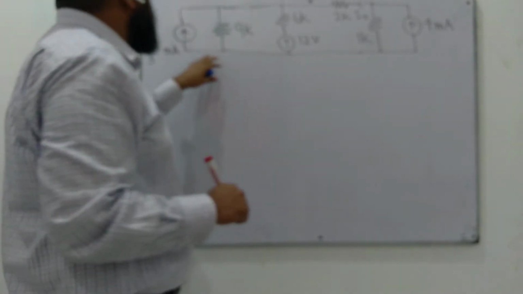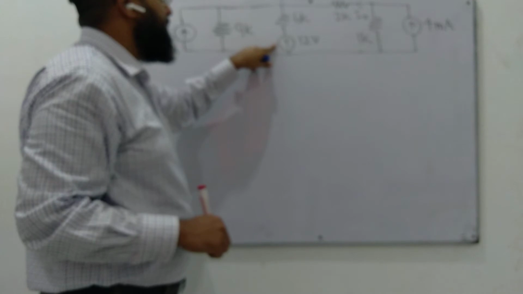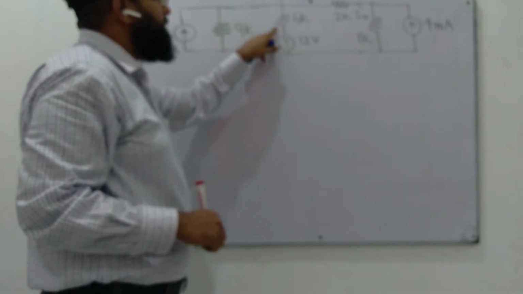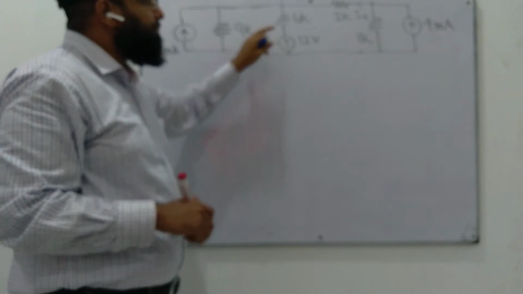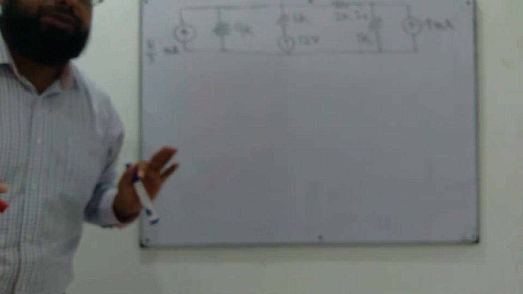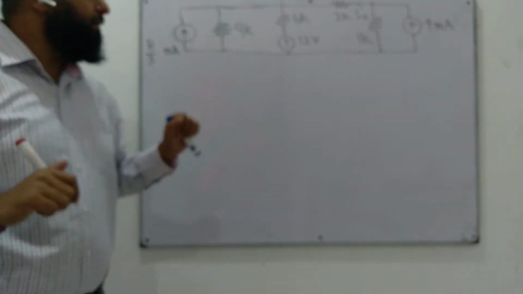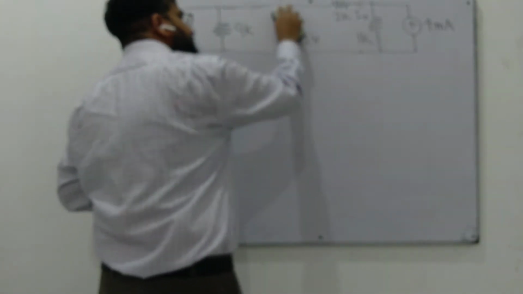Further, this is also a Thevenin's equivalent. We have a 12 volt source in series with a 6K resistor. So this can be reduced to a Norton's equivalent, a current source and the same 6K in parallel. What will be the value of ISC? 12 divided by 6.